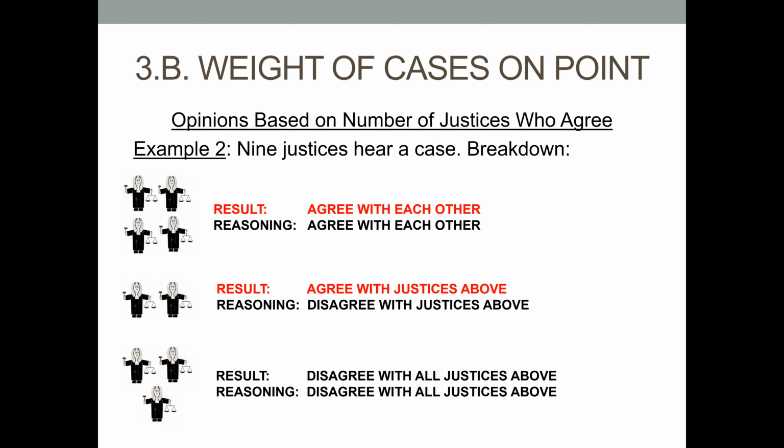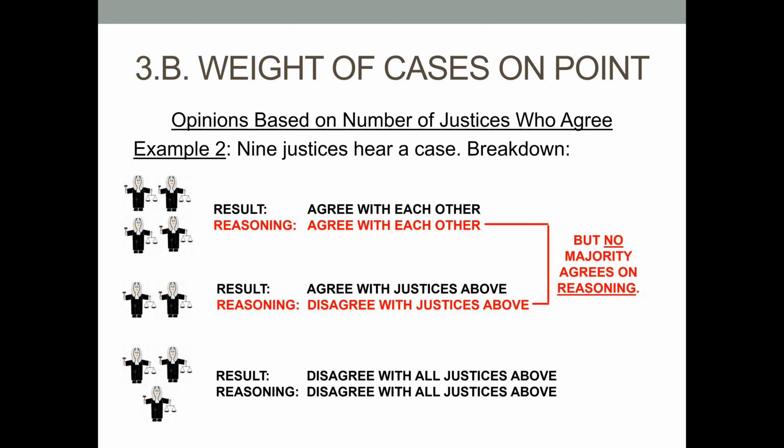We have a majority saying the lower court's judgment should be affirmed. So that will, of course, be the result. But notice, though, that when it comes to the reasoning, we do not have a majority of justices agreeing. So here it's a bit split. We have a majority agreeing on the result, but no majority agreeing on the reasoning leading to that result.